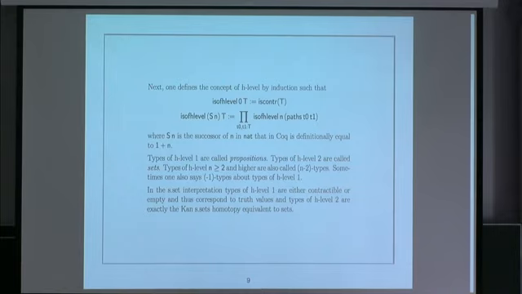H-level 0 means contractible, and h-level S n, where S is the successor, 1 plus n, means that for every 2 points, the identity type between these 2 points is of h-level n.